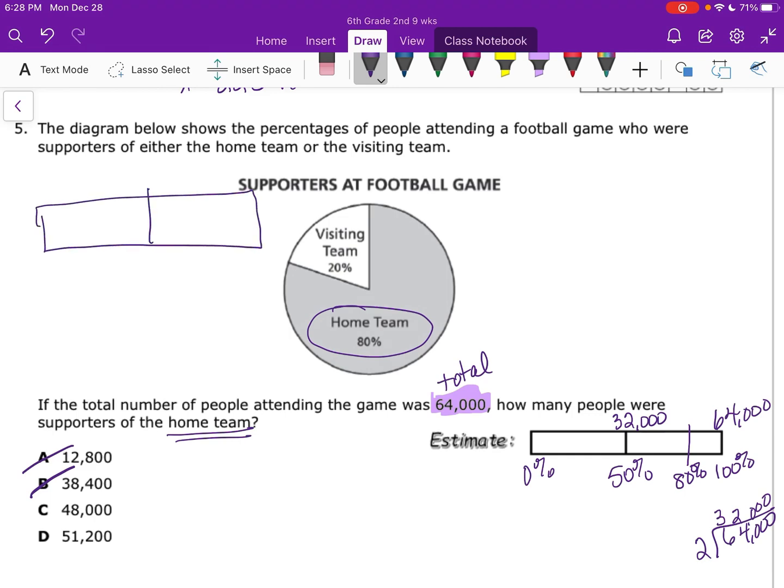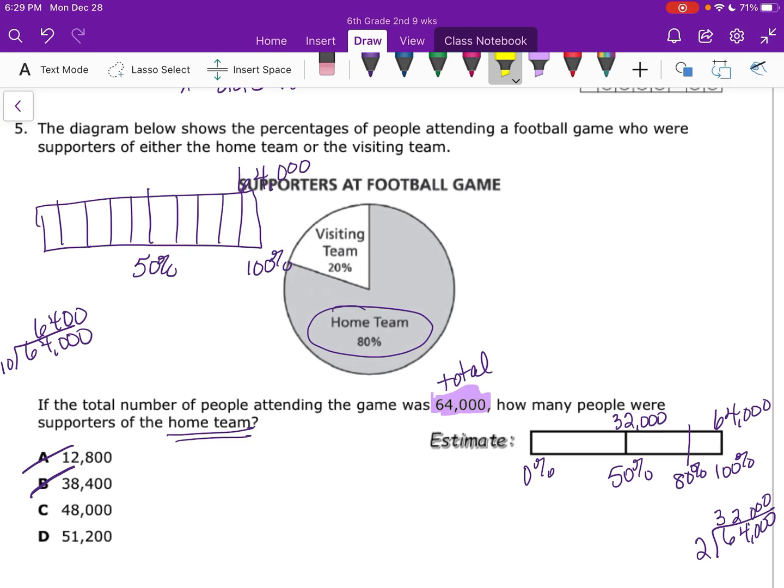Okay, so we got our percent bar, draw our 50% line, and then 1, 2, 3, 4, 1, 2, 3, 4. So my 100% is 64,000. So 64,000 divided by 10 is 6,400. And I need 80%, so I need 60, 70, 80. So I need all the way up to here. Okay.